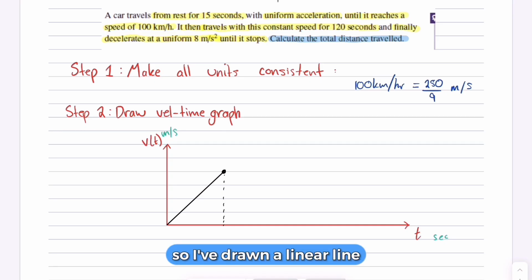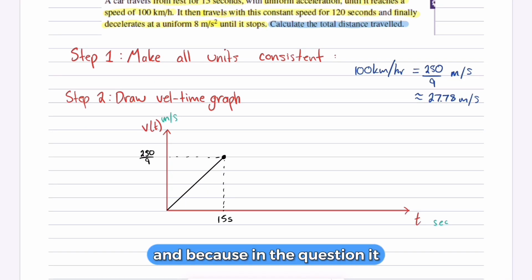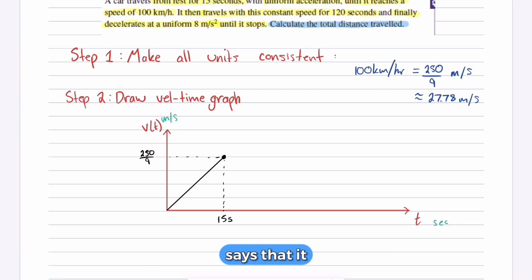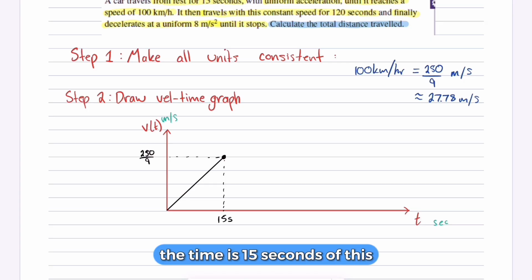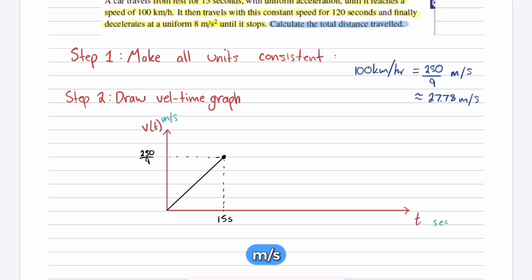So I've drawn a linear line going straight up from 0. And because in the question it says that it travels from rest for 15 seconds, I've added the time as 15 seconds of this line, and it reaches a speed of 100 kilometers per hour, which we worked out was 250 over 9 meters per second.